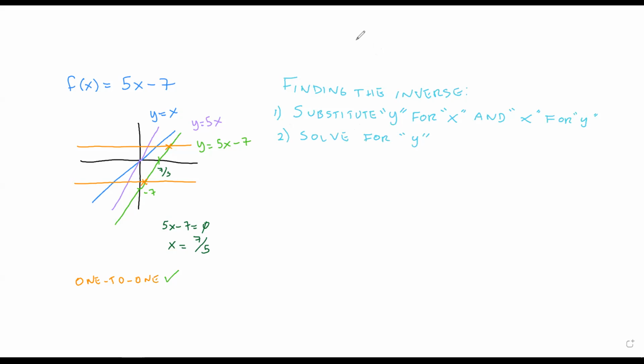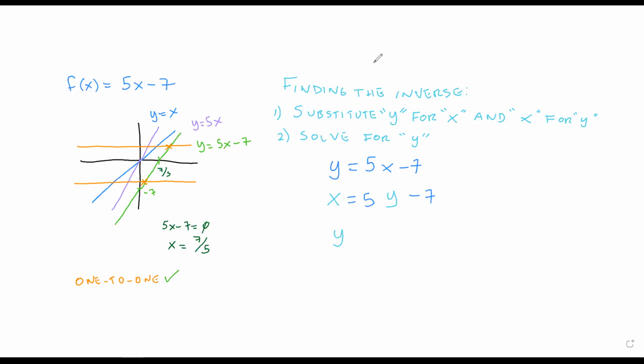So we're going to take the original function, y equals 5x minus 7, substitute the y for an x and the x for a y, and we are going to solve for y.